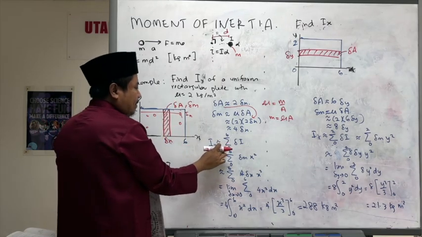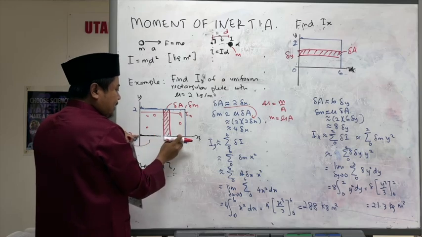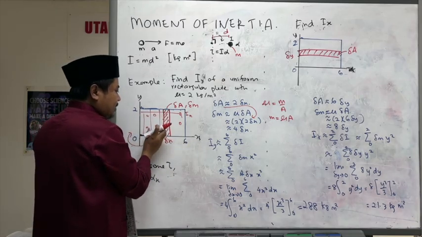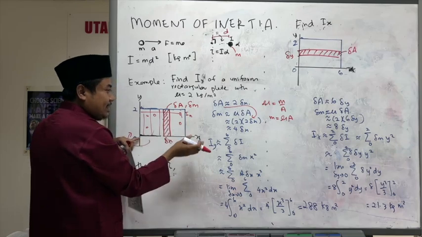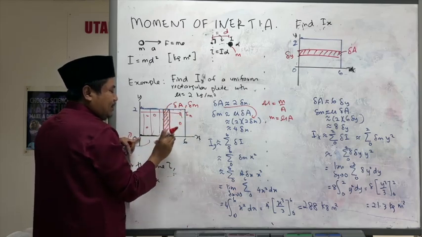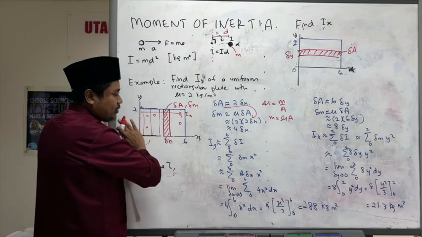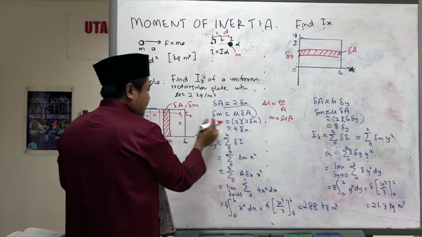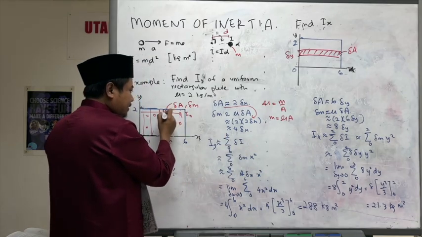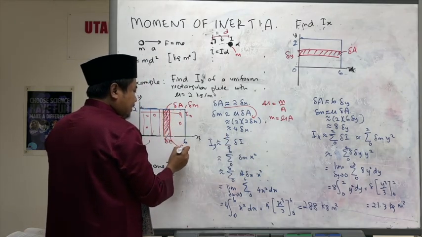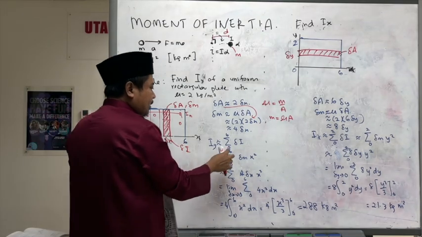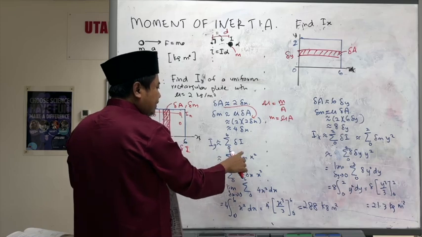So we sum from 0 to 6, all the strips, which consist of all the particles on the plate. We sweep from 0 to 6, that means every strip, and each strip has a delta I.